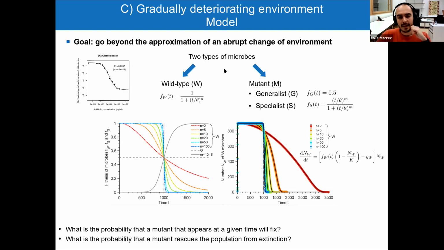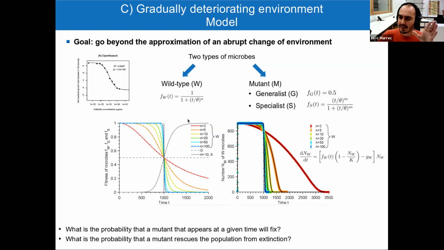So that's why in the following I'm going to change my model. I'm still considering a wild type, or let's say a sensitive microbe, and now I'm going to assume that its division rate varies like a sigmoid, and more specifically as a Hill function. On this figure, I'm showing you different examples.